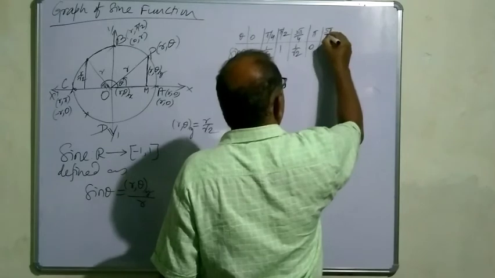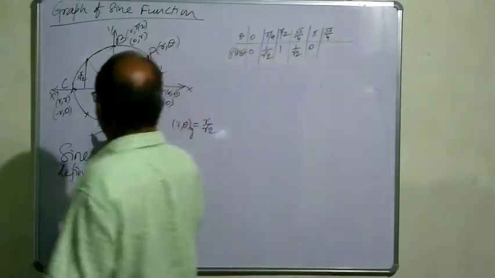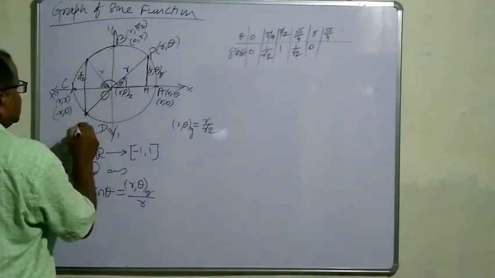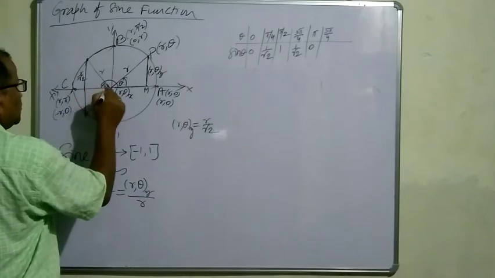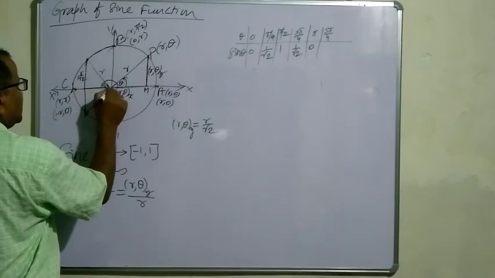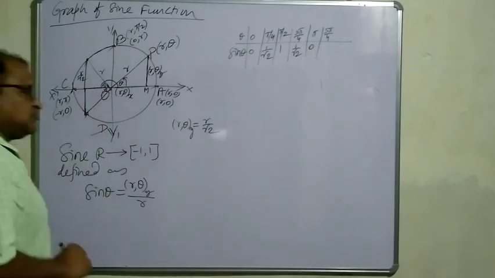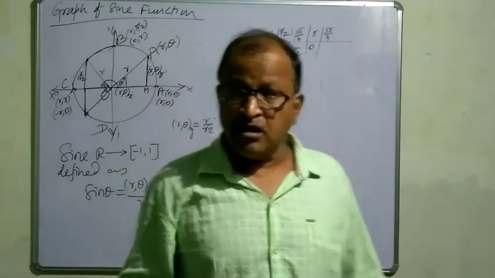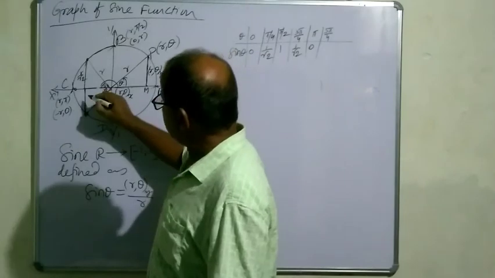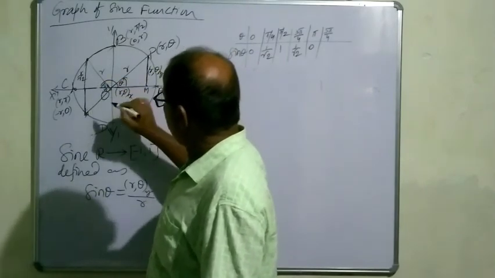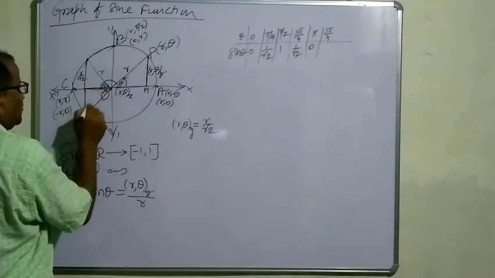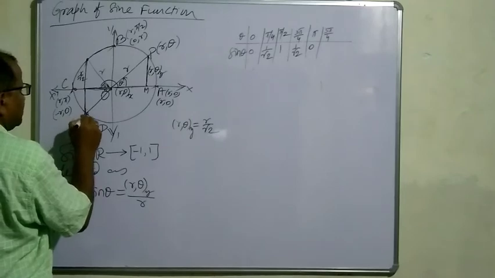5 pi by 4. You see again, the point will be like this. Yes, this will be the point. Here also it will be 45 degrees, or pi by 4. So the lengths of the other sides of the right angle triangle will be equal, this will be equal to this, means the length is also r by root 2. But you see, the point is to the left, it is r, 5 pi by 4.